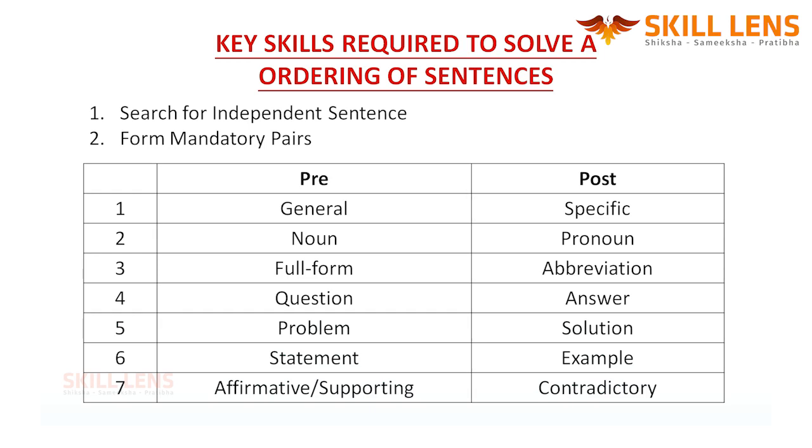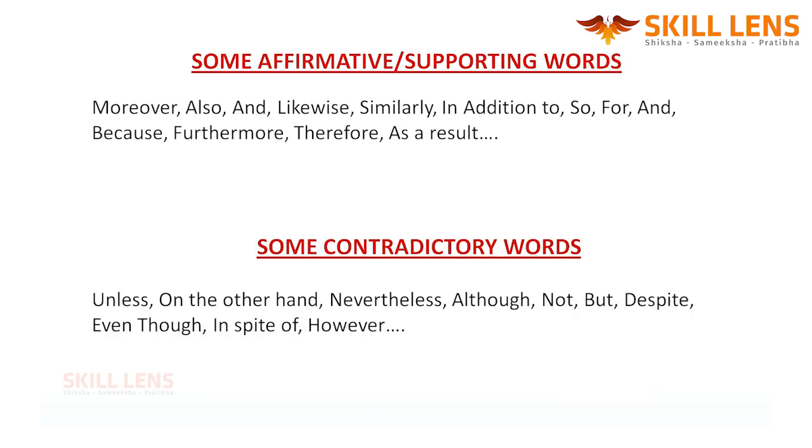It tells us that the author is giving us more information in the same vein as the previously mentioned information. It could also be where the author is drawing attention to the similarities of things discussed in the paragraph. On the other hand, contradictory signal words are those words that contradict the ideas already mentioned by the author in the paragraph. A few support signal words and contradictory words are mentioned here.